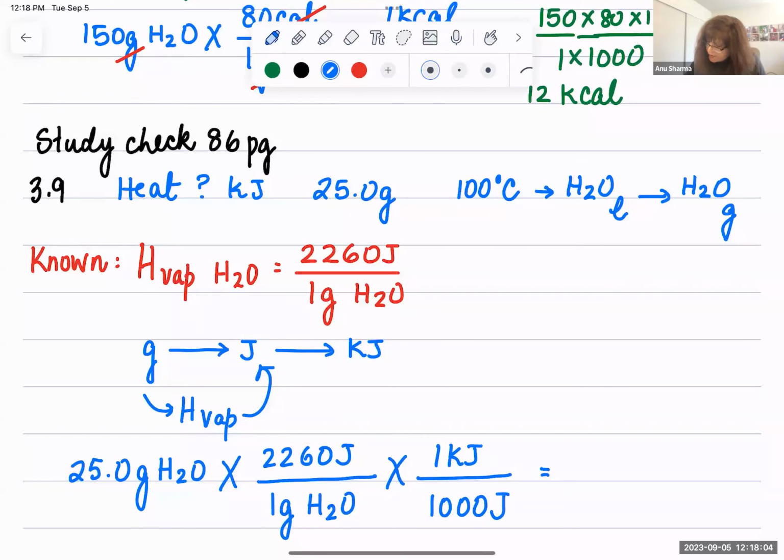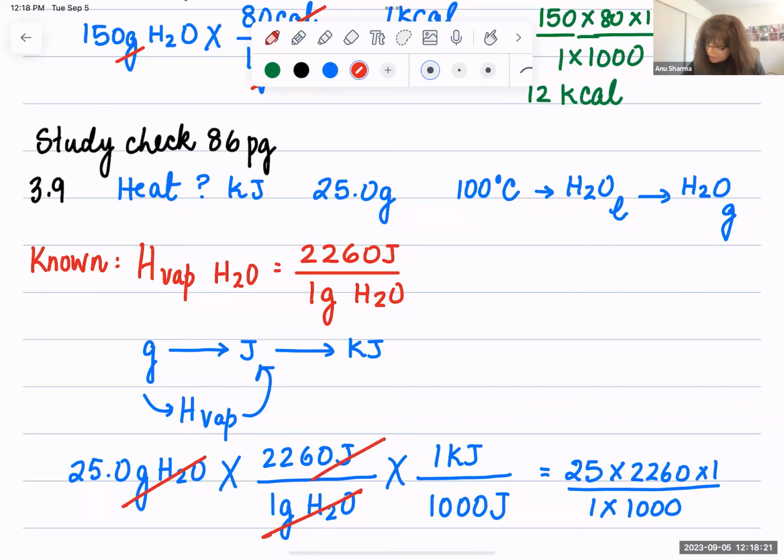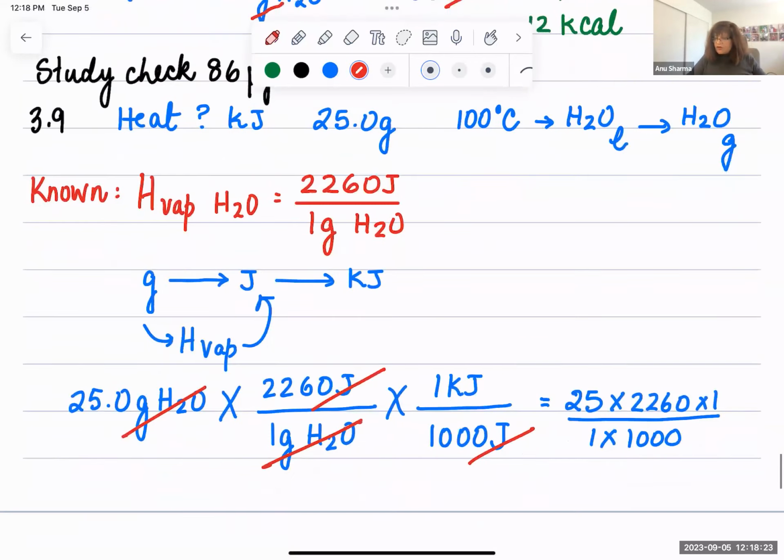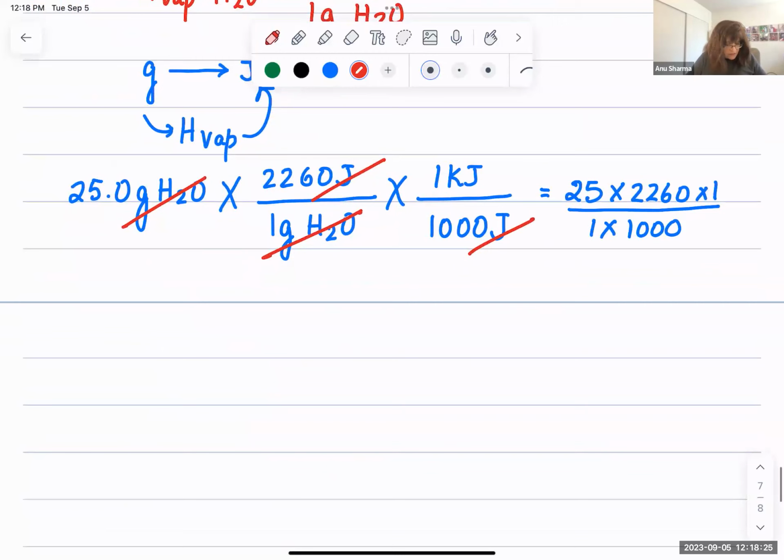And here you get 25 times 2260 times 1 divided by 1000 times 1. So what do you get here? So if you look at it, you have the grams of water cancel out. Joules and joules cancel. So this is all dimensional analysis, right?